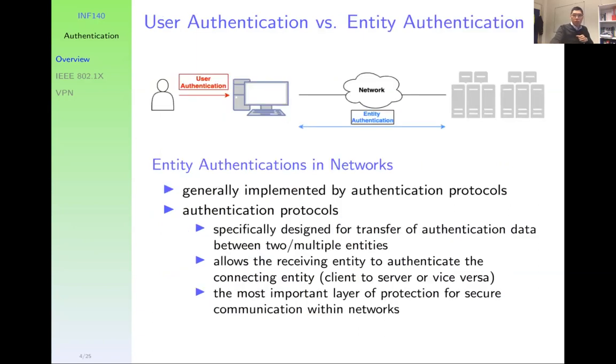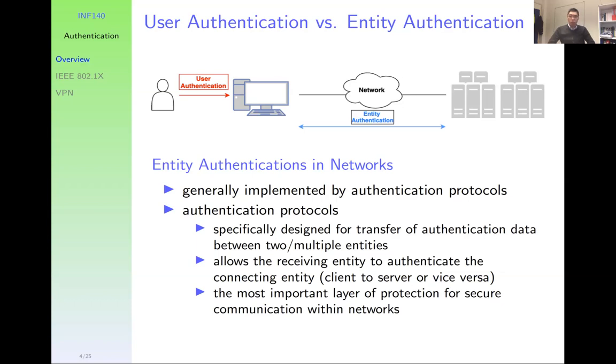If we look at these two authentication application scenarios, you will see some difference. If one user wants to log into a computer locally, then we mostly directly use user authentication. This type of user authentication can be based on a password, or on some biometric information, like when we use our iPad or mobiles.